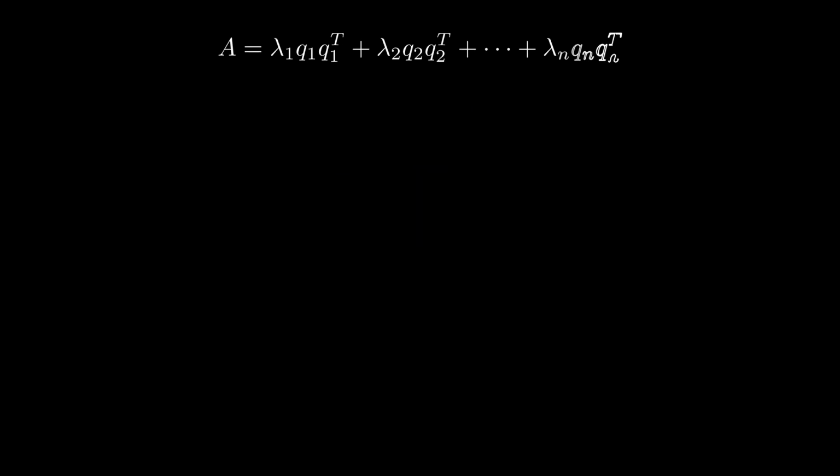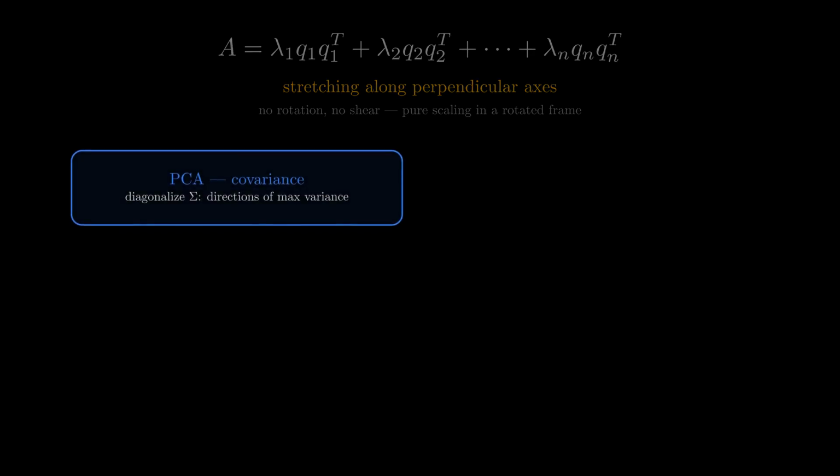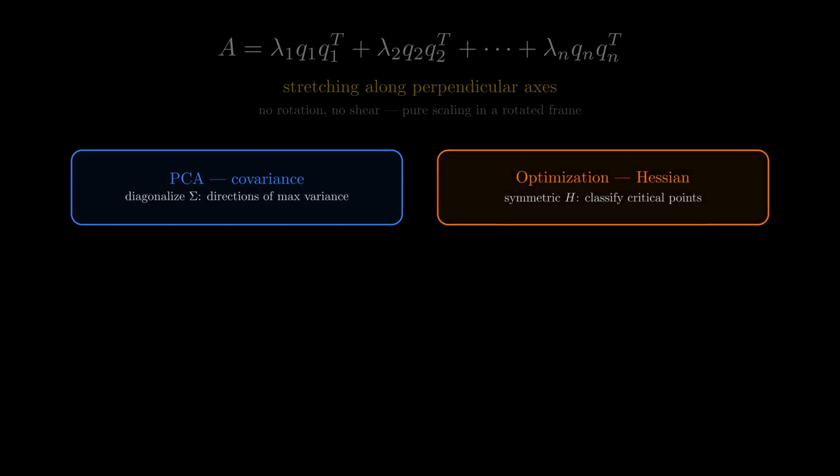So a symmetric matrix is, geometrically, just stretching along perpendicular axes, no rotation, no shear. Pure scaling in the right rotated frame. That single insight ripples outward. Principal component analysis diagonalizes the symmetric covariance matrix to find directions of maximum variance.